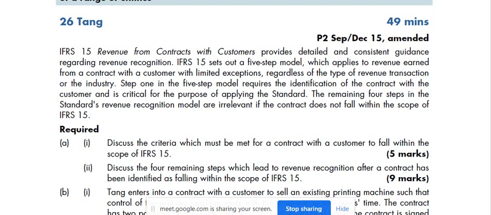Determining the transaction price. Can you expand more on that? From my understanding, that's like costing the contract, putting a cost to the contract.